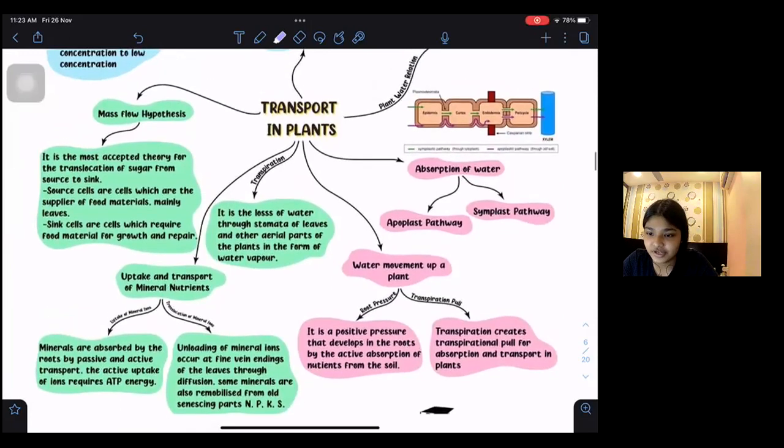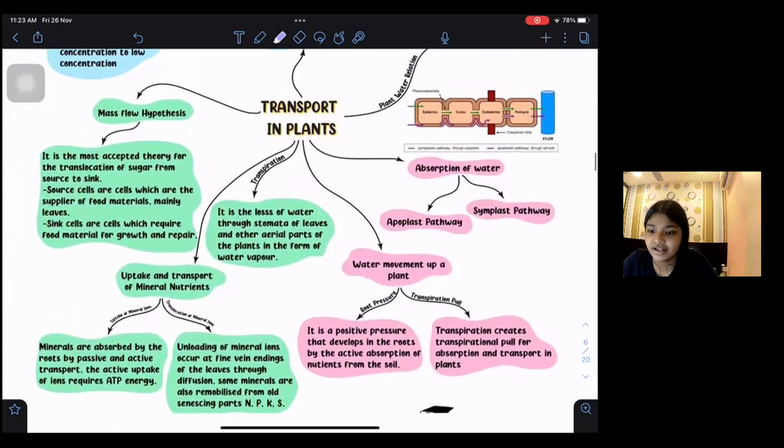So there are two pathways, the apoplast pathway and the symplast pathway, which I will be discussing further later in the questions. And then we also have the mass flow hypothesis, which is for the transport of sucrose and other soluble organic materials.